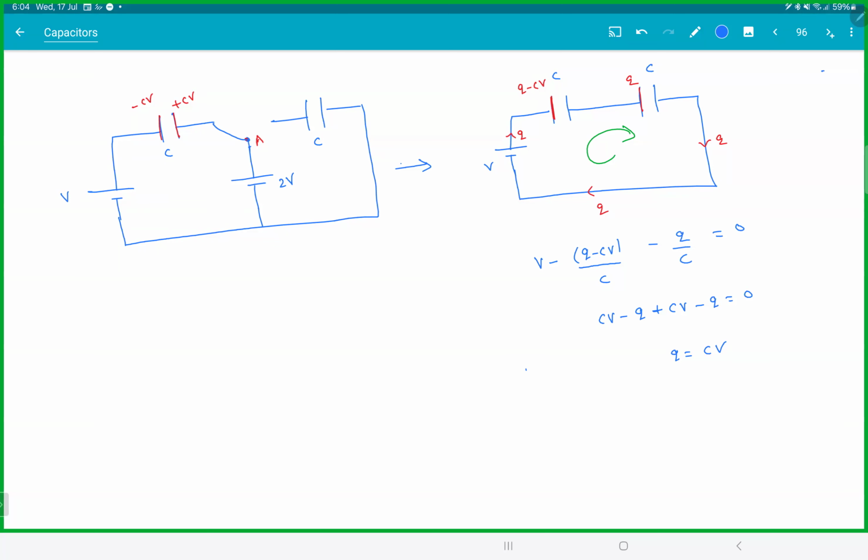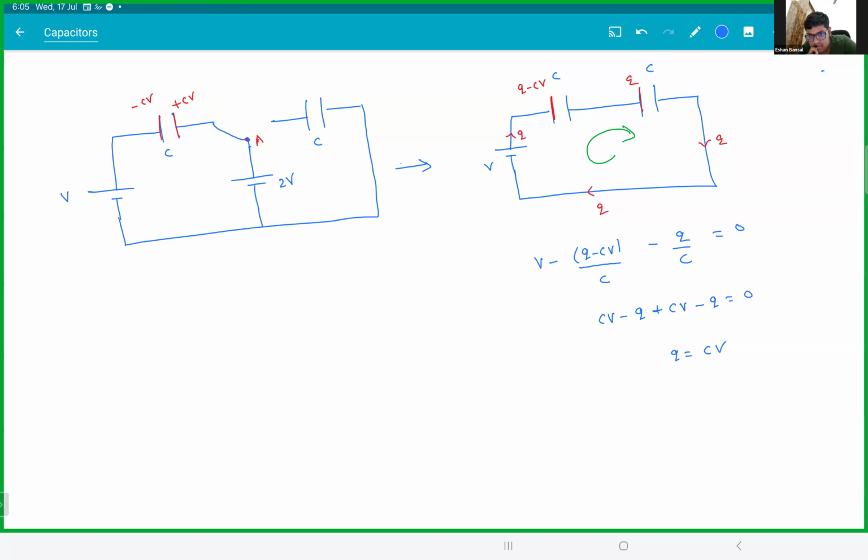Wait. So it will flow with charge. I did something wrong, didn't I? I don't know. The charges will be how much? Q is there. Initially, what is the charge on the capacitor? CV only, right? Yes, sir.